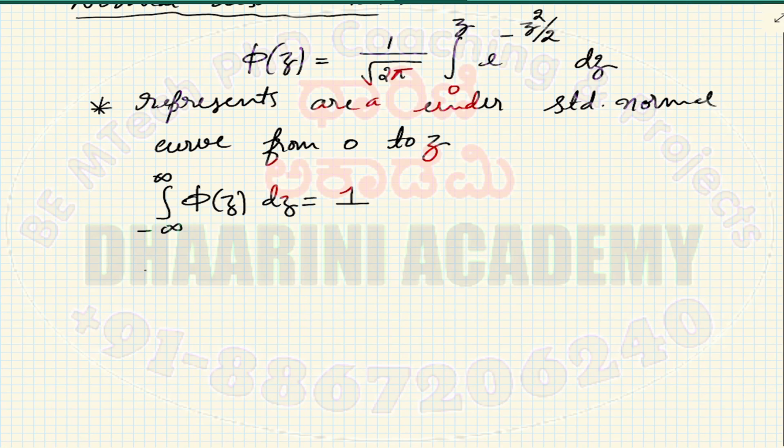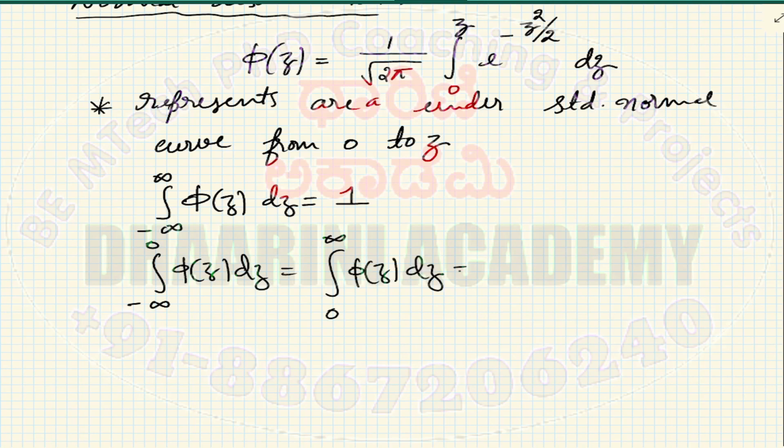Also it is symmetric, so we can apply the property of symmetry, that is the integral from minus infinity to 0 of phi of z dz should be equal to the integral from 0 to infinity of phi of z dz. And what should be the value? It should be equal to 50%, so half.